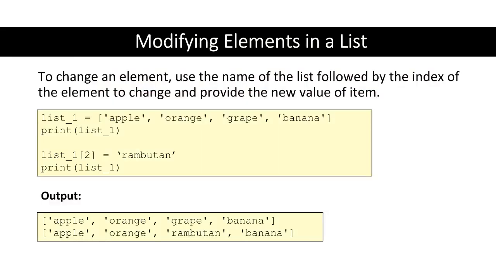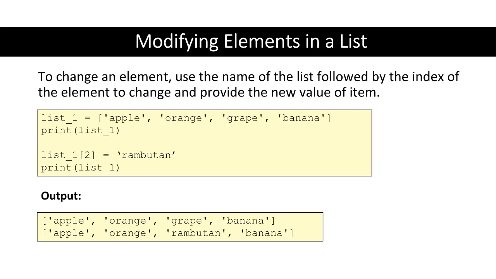Lists are mutable, meaning we can change their values. To modify an element, we simply use its index and assign a new value. This allows dynamic updates to our data. Here, we modify a list element.